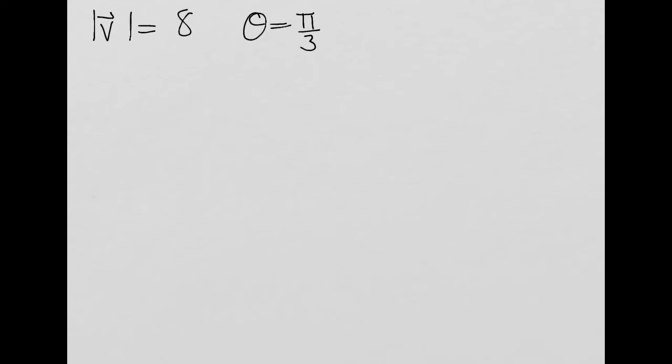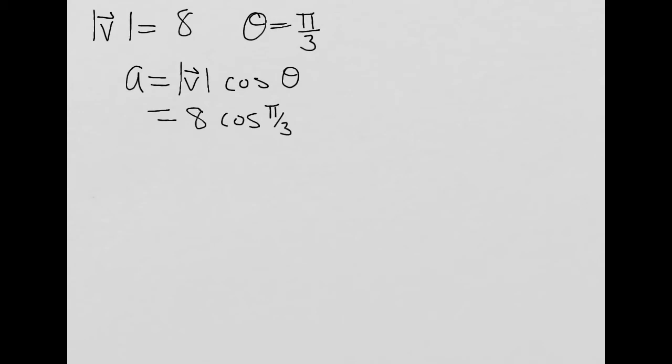If we want to find the horizontal and vertical components, so we can write it in terms of i's and j's, well, from the last video and in your text, we see that the first component, the horizontal component a, is the magnitude of the vector times the cosine of the direction. So 8 cosine pi over 3. Cosine of pi over 3 is a half, so that just works out to be 4.